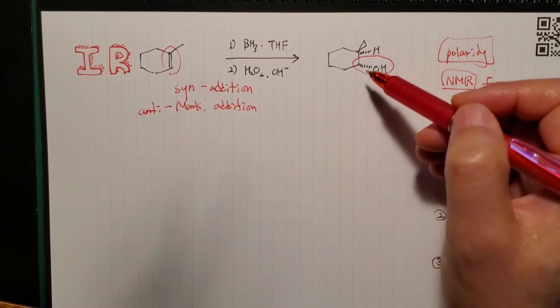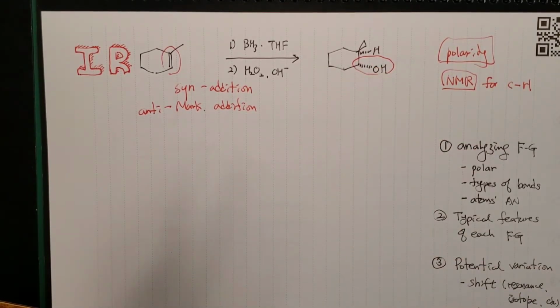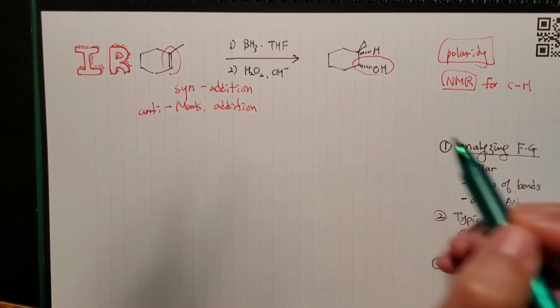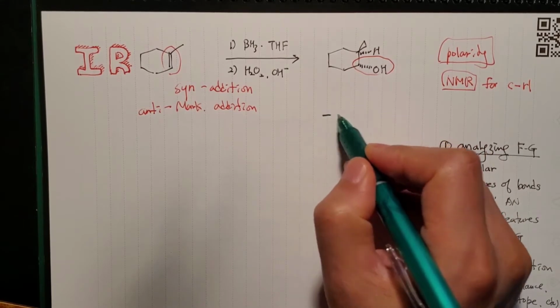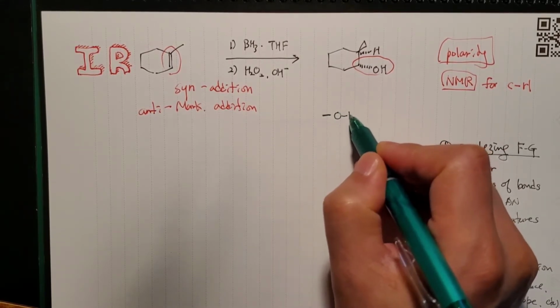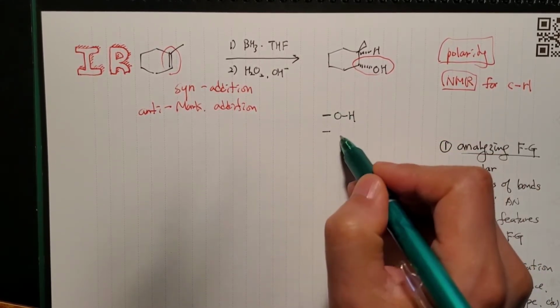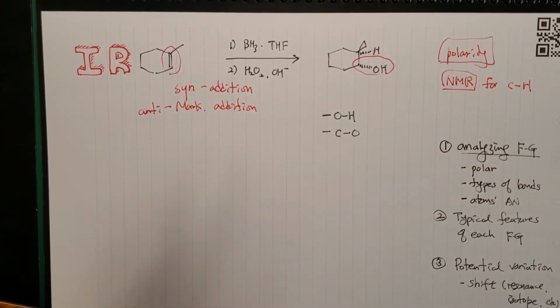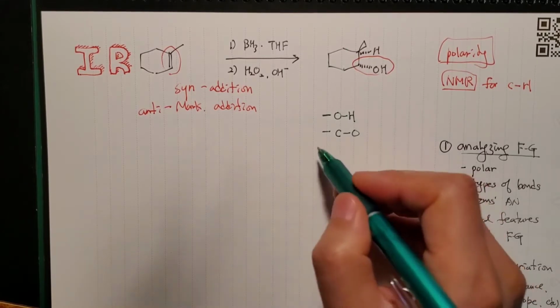So for the product, what signals you expect, you need to figure out by analyzing the functional groups you have. So I obviously will look at the polar one first, because those are the trustable ones. So OH. What else do you see? CO. And the rest of them are not as polar.